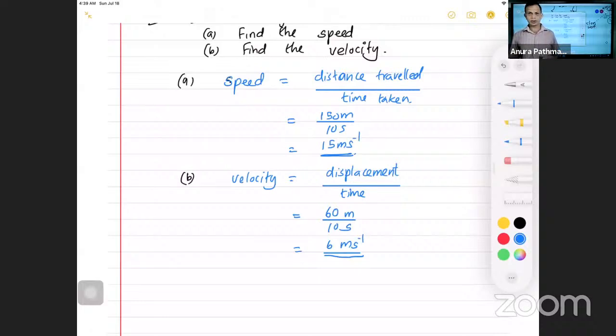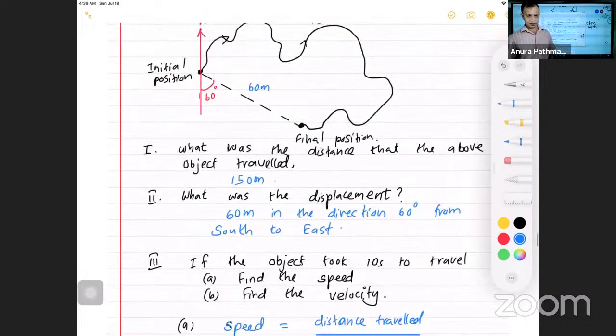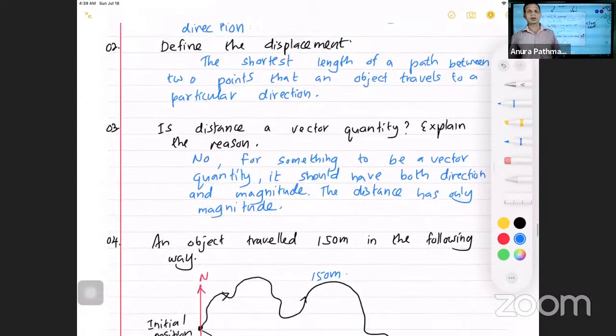Now we are going gradually to understand a little bit more complicated part. It is very clear that we have started to discuss the initial position, final position, distance, displacement, how to express the displacement, and the relationship with time. Let's go further to discuss the displacement and the velocity.